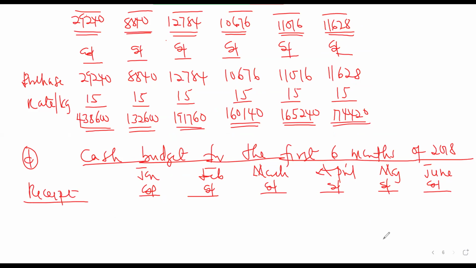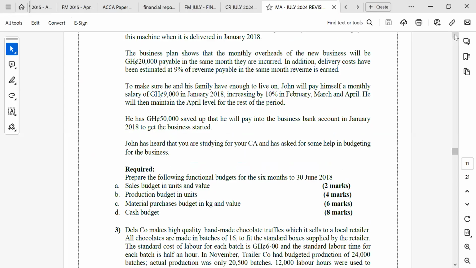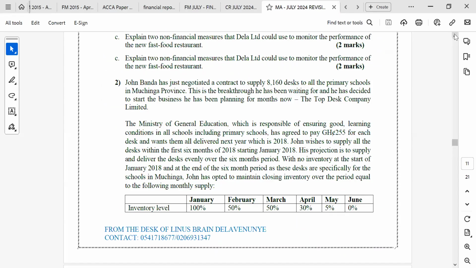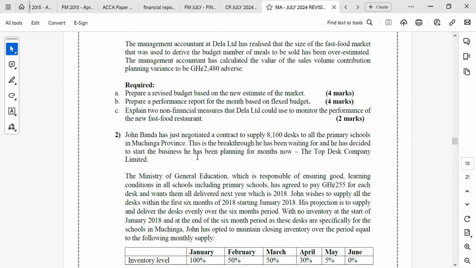So you might be receiving cash from sales, or you might be receiving cash from sales that you have made in a previous period, or sales that you have made this month but to be received in the next month. That will also be a form of cash. Let's look at how they are receiving their sales. How are they collecting the money?